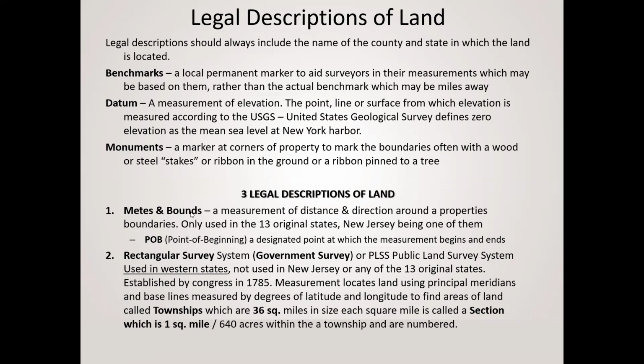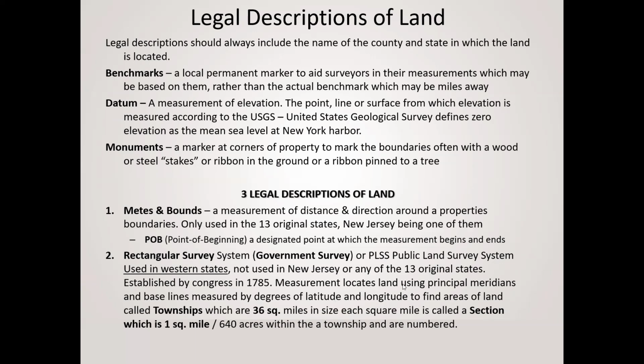So the metes and bounds system is the older form of measurement of land that they also used to use in Europe and other places of the world. The rectangular survey system that's used in Western states was created in 1785, and they started using that in the United States. So obviously we don't use that here in New Jersey. We were a state before then.